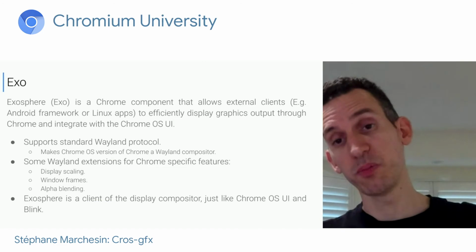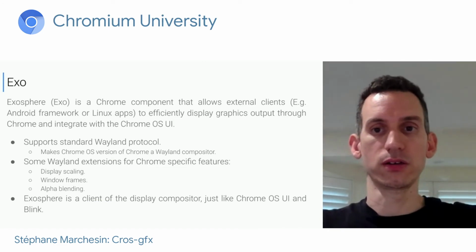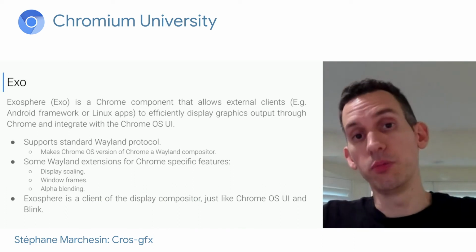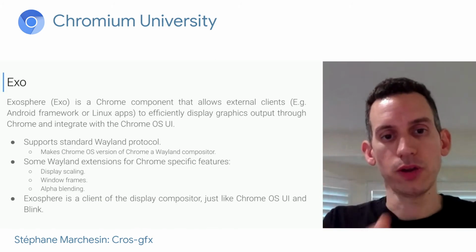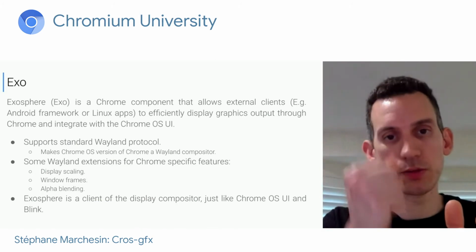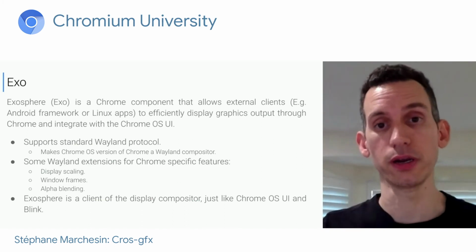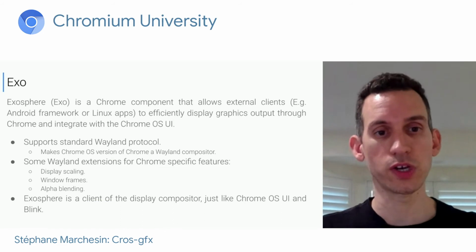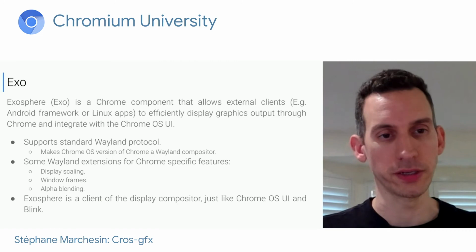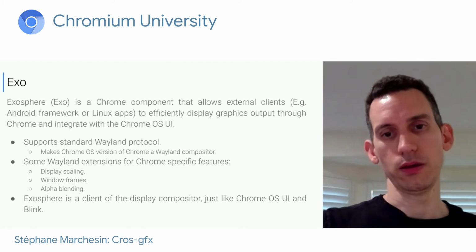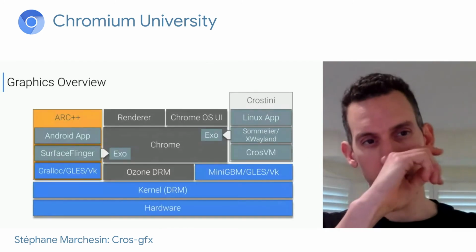And so the compositor we saw earlier takes all the rendering scene graph from all the web pages, but also this gets augmented with all the windows that come in from Crostini applications, from Arc++ applications. So we basically have a Wayland server implementation there, and it has some Wayland extensions for Chrome OS specific features, for example, display scaling or window frames or blending. But other than that, this is pretty much the standard display protocol.